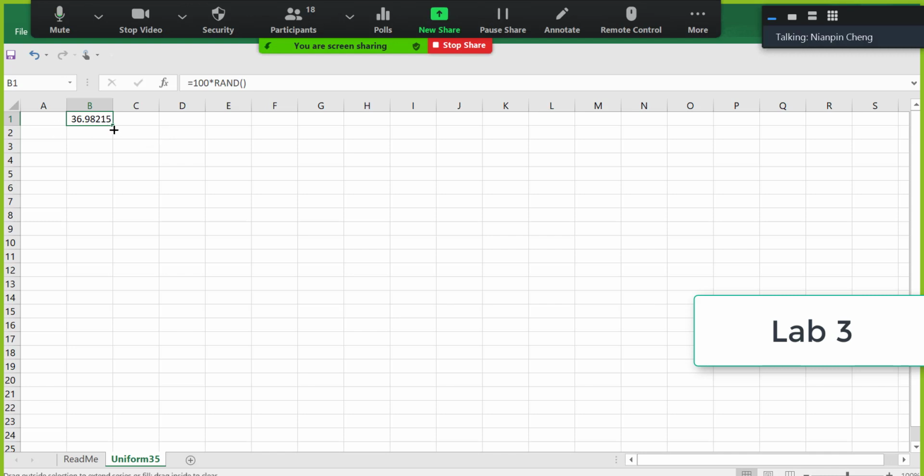So how about we do this? Instead, I just label data value 1, and value 2, because we want 35, right?